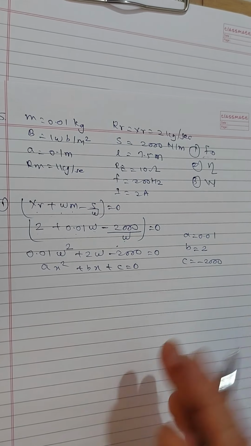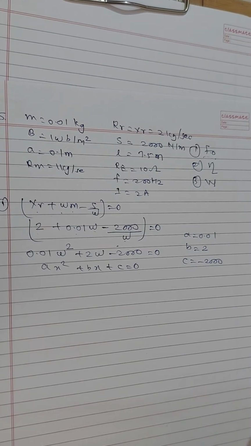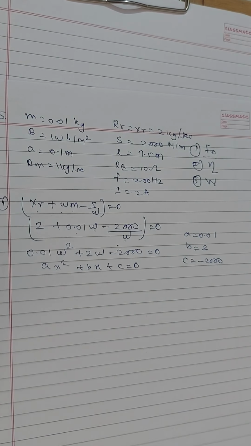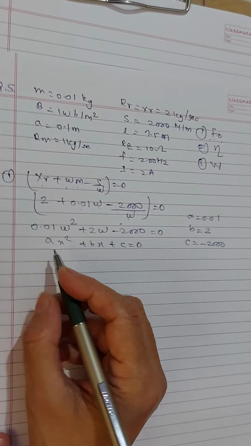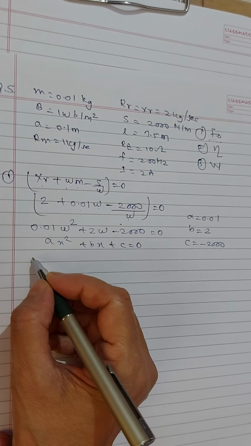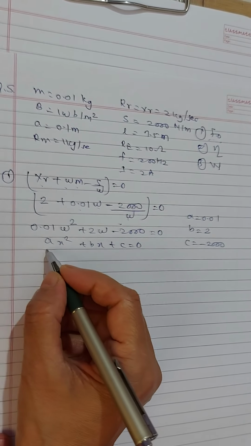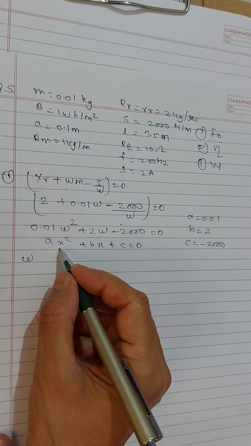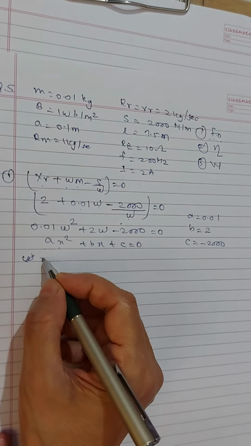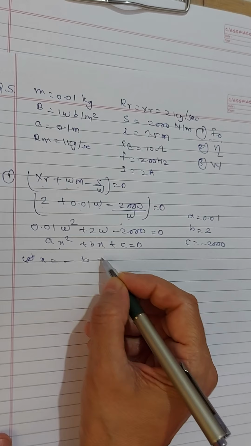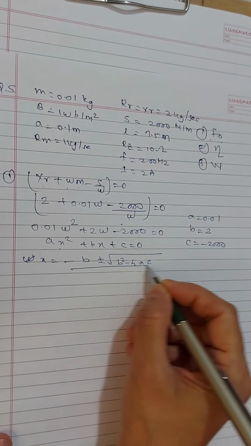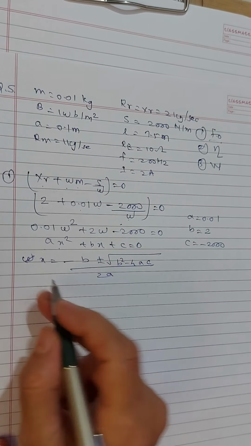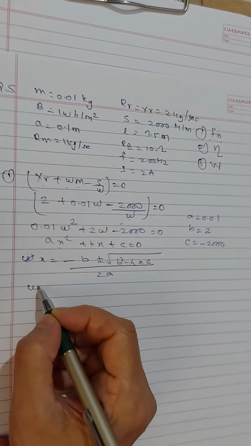Now use this in an equation where we will be able to get the value of omega very easily. For the quadratic equation, I have to get the solution. What formula do we use? x is equal to minus b plus or minus under root b square minus 4ac, divided by 2a. In my case, I will get the value of omega.